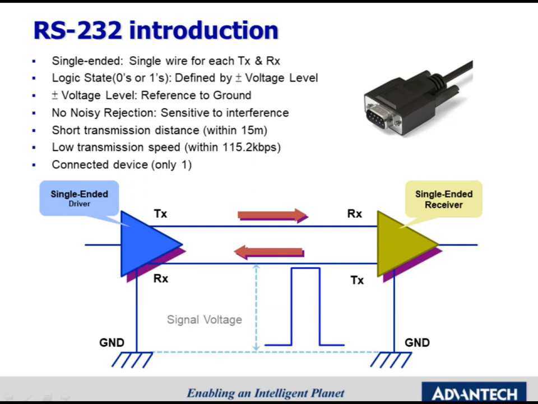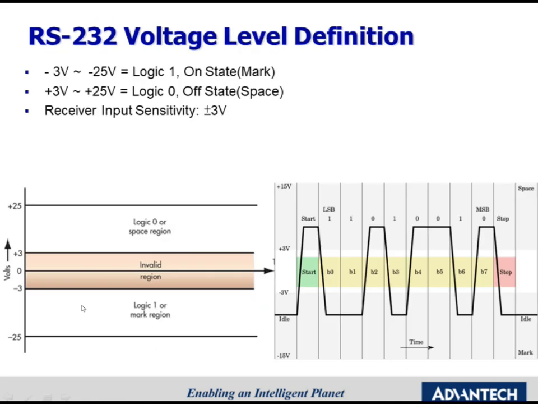However, since both TX and RX are referenced to ground, they easily cause errors in transmission due to interference on the signal. Besides, RS-232 is a point-to-point transmission, so it can only connect one device. The voltage level definition in RS-232 is shown below.